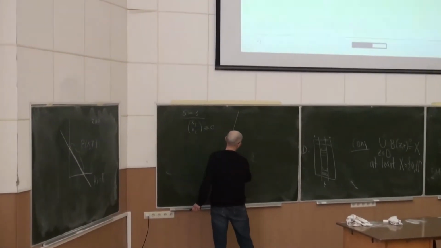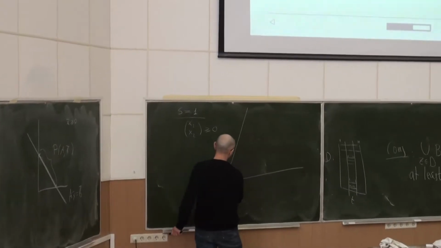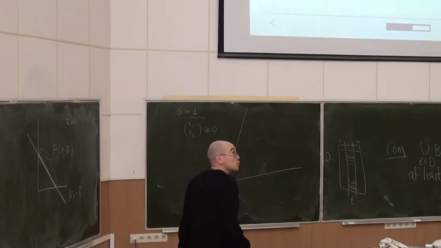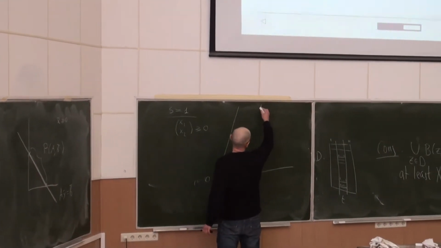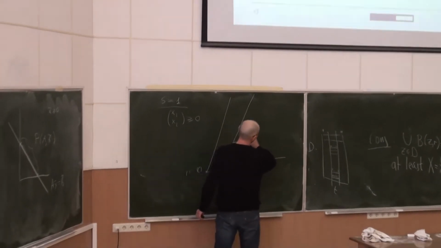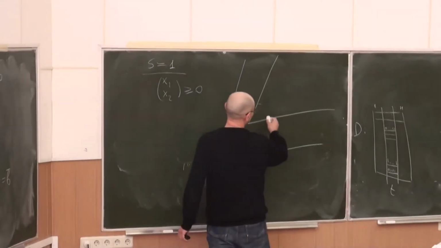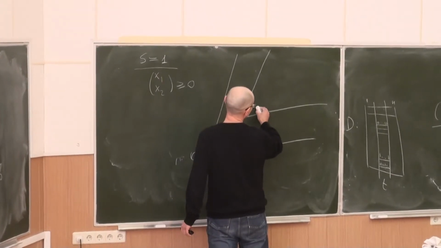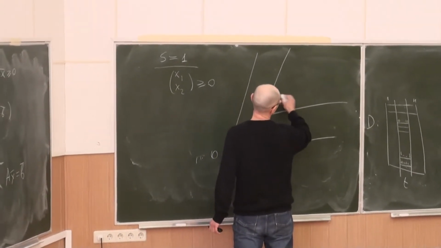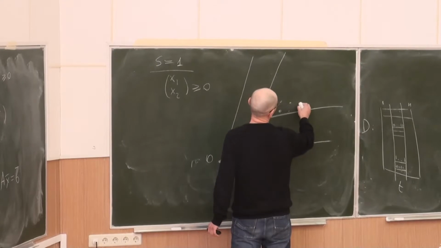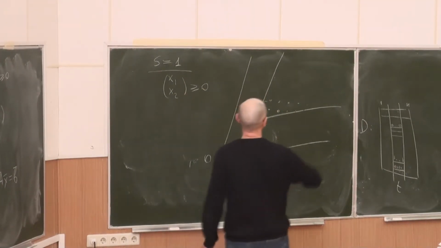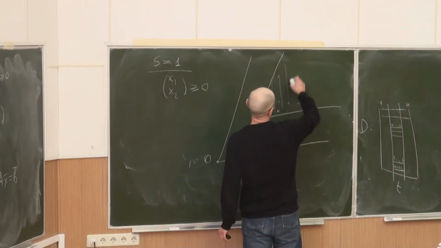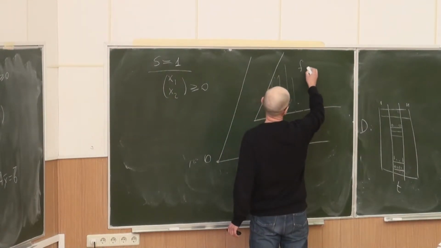Suppose this is the cone generated by the columns of the matrix A. Then one can show that there exists a unique maximal with respect to inclusion translated cone, such that all points in the interior of this cone belong to the set F_1(A). So we call this cone a feasible cone.